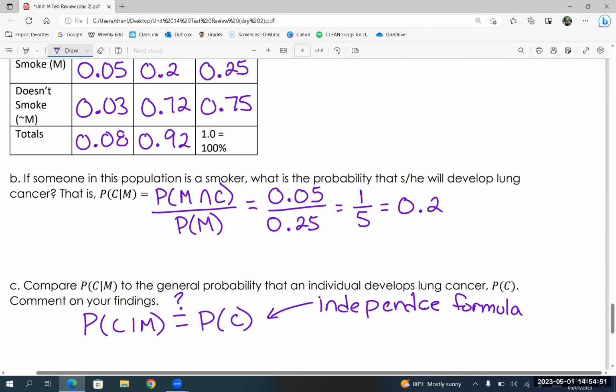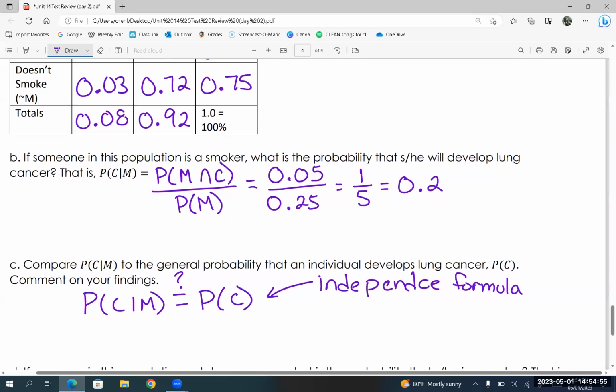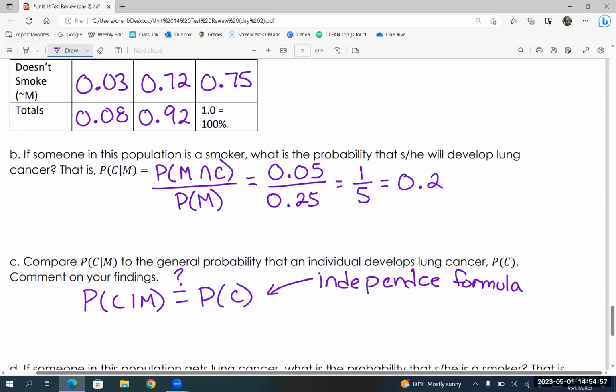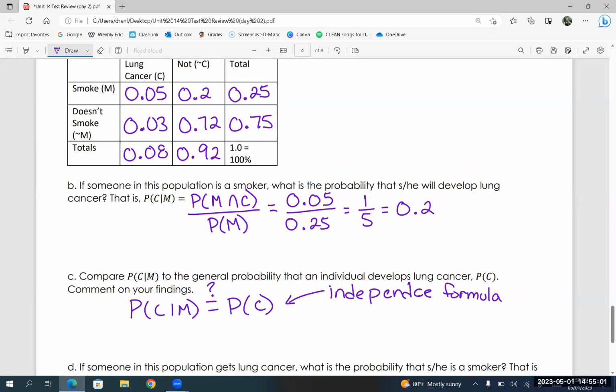So the probability of C given M, out of the total smokers, is what we just found, 0.2. The probability of getting cancer, P of C, is 0.08. These are not the same, meaning that these are dependent events.